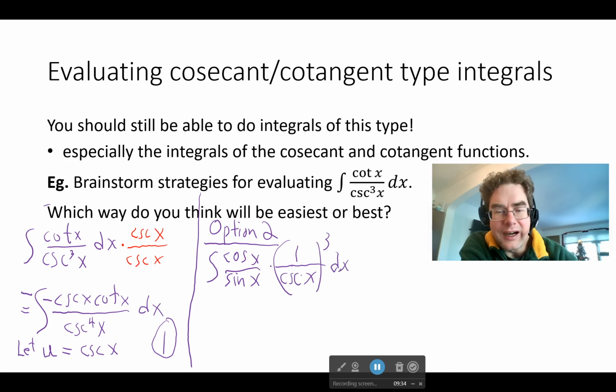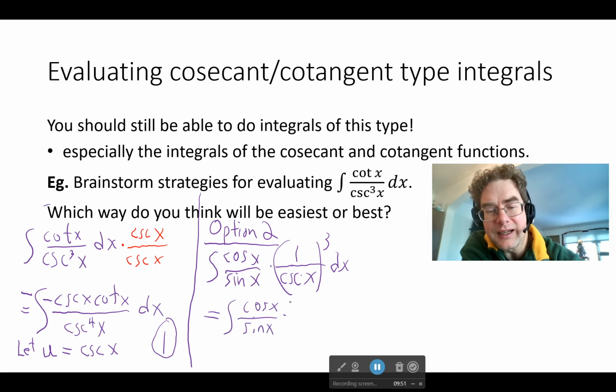Now, you know that 1 over cosecant x, one of our basic trig identities, says that's just sine x. So another way to write what we've got here is cosine x over sine x times sine cubed x dx.